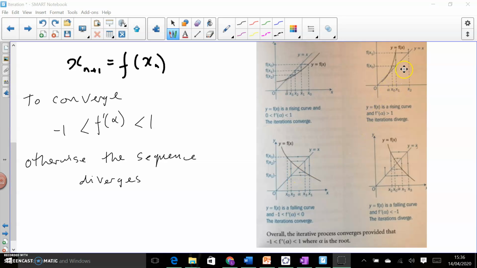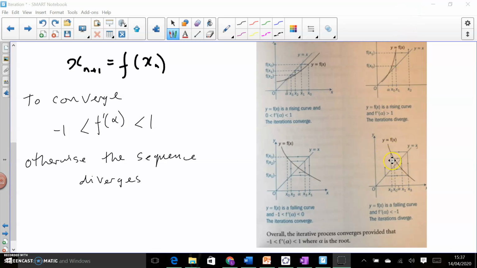On the other hand, here you have a steep curve. The gradient is greater than 1 at the root. Take x0, go to the curve, f of x0 here, use that as the next value, and you can see it's further away from the previous, and then take that one, and it will be a long way away.